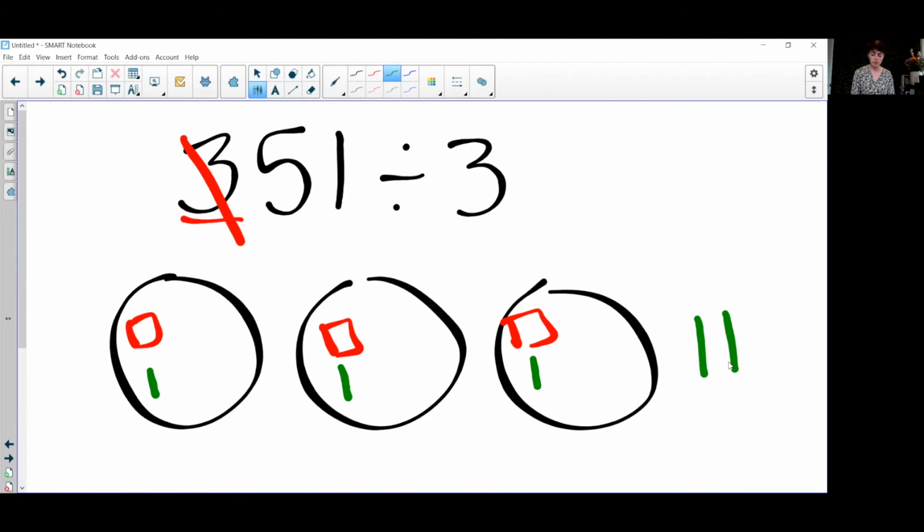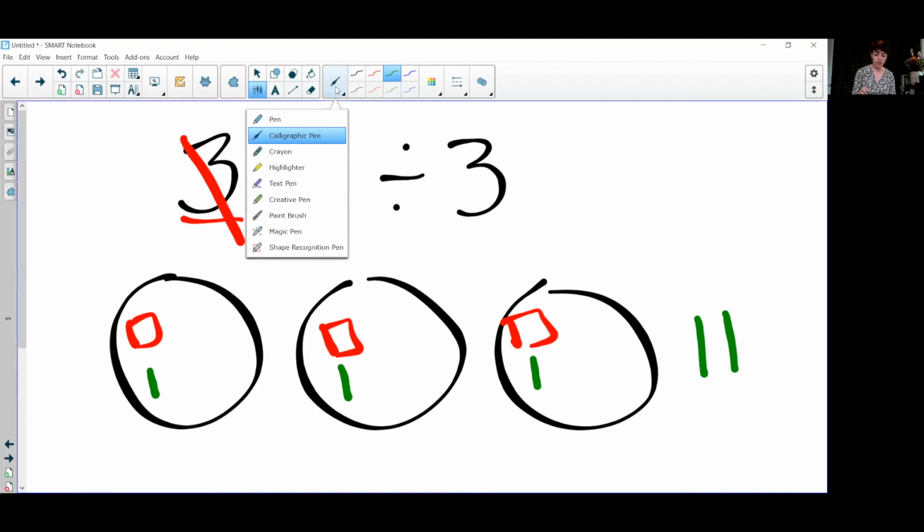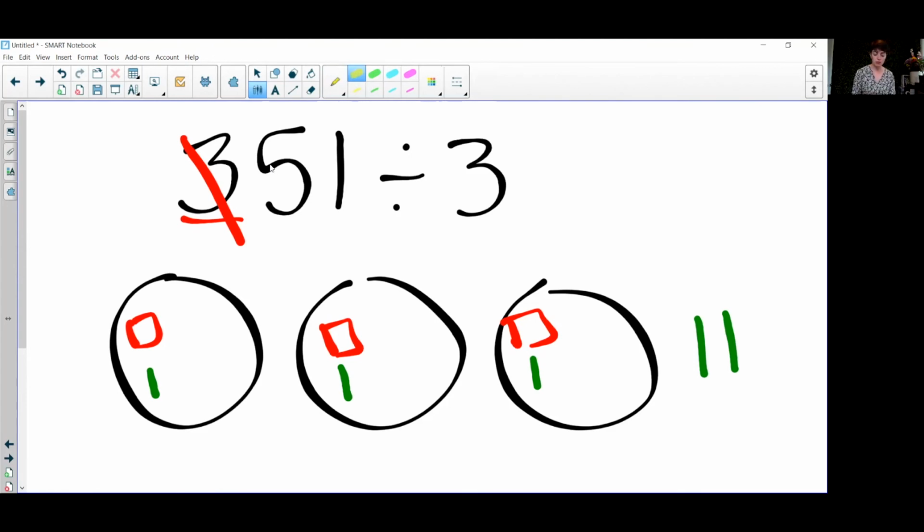Well, you're left with 2 10s. Now, what I heard a couple of students say earlier today was, hey, can those 2 10s be a leftover or a remainder? We'll talk a little bit about remainders. We'll look at those and what they look like, but unfortunately it cannot. The rule with remainders or leftovers is that they have to be less than the groups that you are creating.